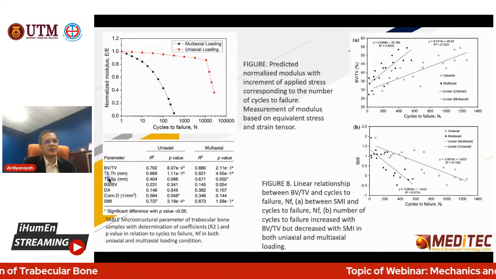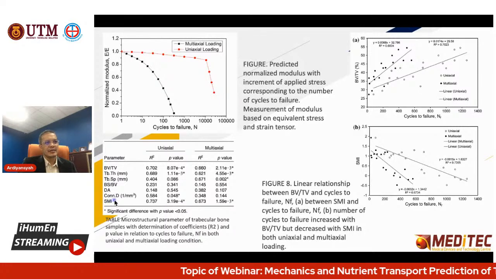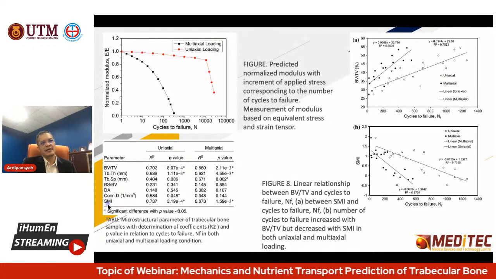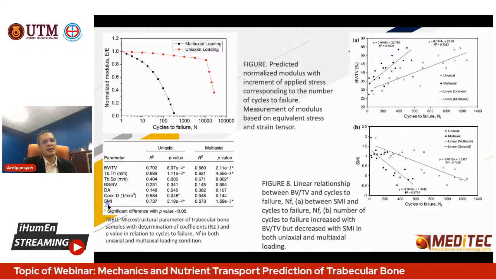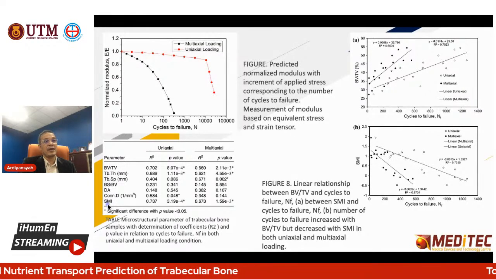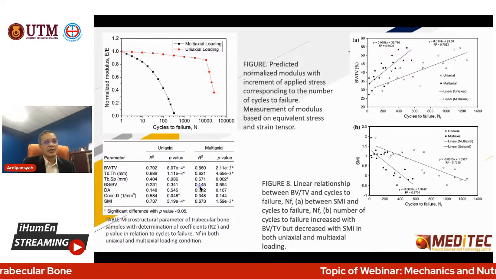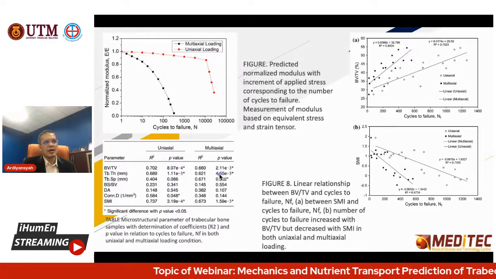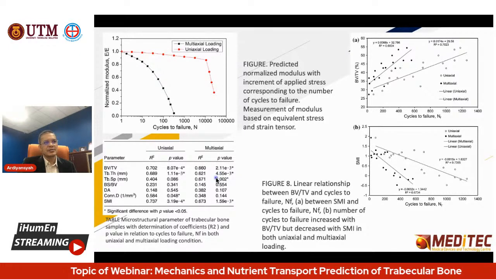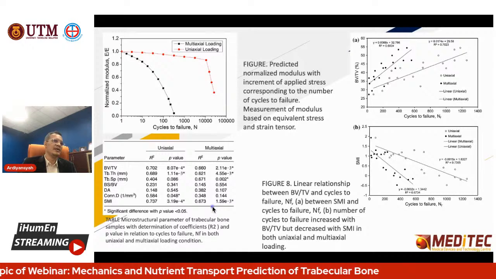Another one is trabecular bone thickness and connectivity degree, and the SMI. These have more effect on fatigue failure in the trabecular bone. With multi-axial loading, it is volume fraction, trabecular thickness, and the SMI.